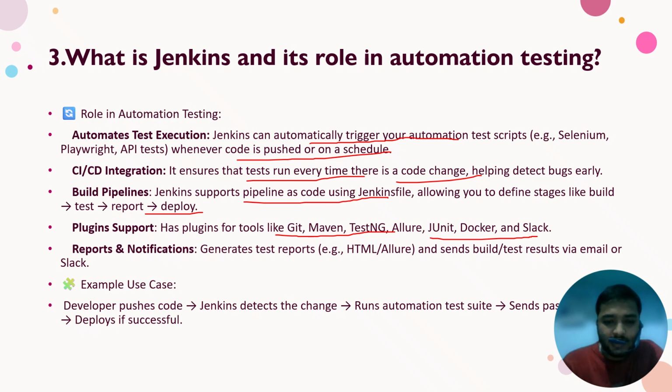Reporting and notification: it generates test reports in HTML and Allure, and sends the build result via email or Slack. Use case: the developer pushes the code, Jenkins detects the change, runs the automation test suite, and sends the report after the code is deployed successfully.